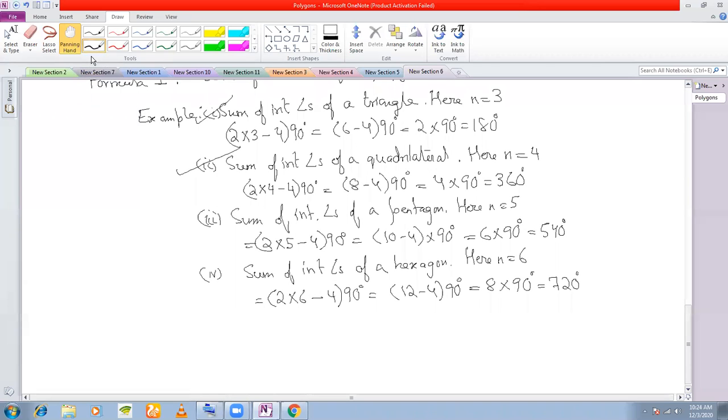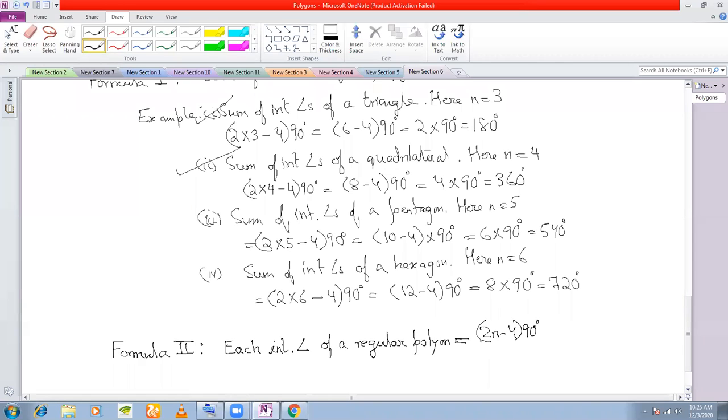Okay, the next formula, formula 2. The next formula is each interior angle of a regular polygon is equal to (2n minus 4) into 90 divided by the number of sides.